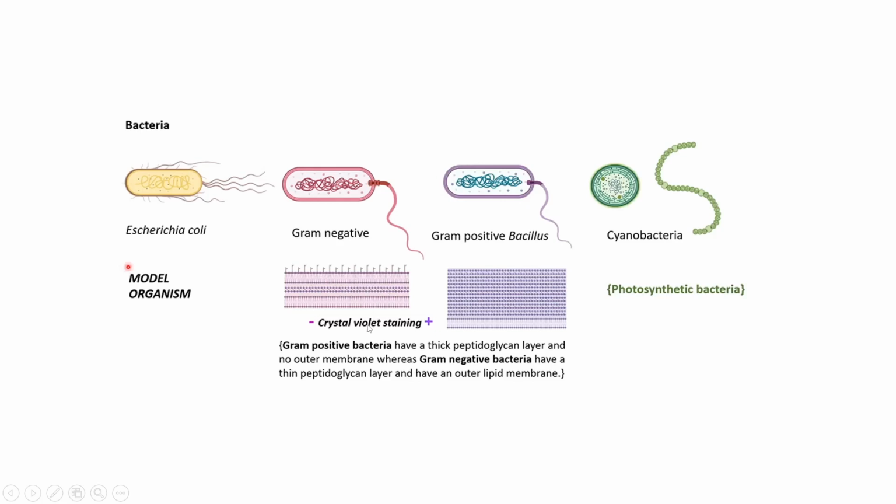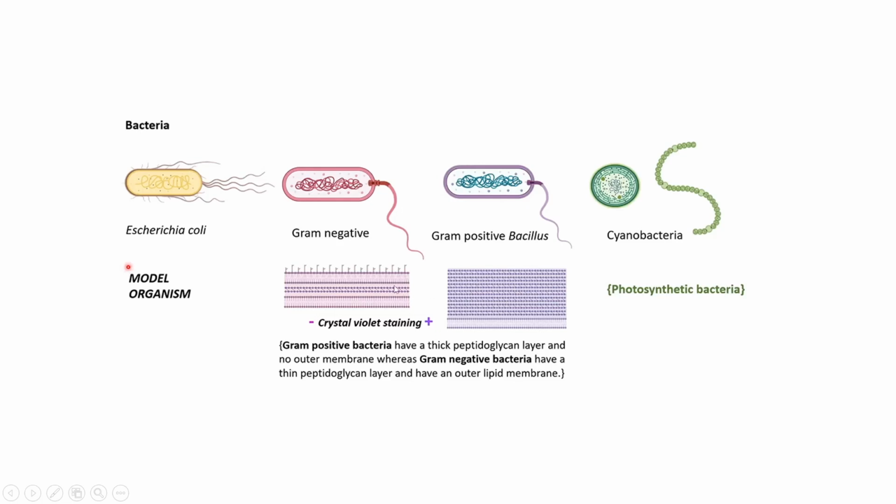So as a result, when we use the crystal violet staining, which we discuss in gram staining, to distinguish the gram-negative and positive bacteria, we basically do the gram staining. Okay, so in gram staining we use two dyes, crystal violet and safranin. Crystal violet will stain the peptidoglycan layer of the bacteria.